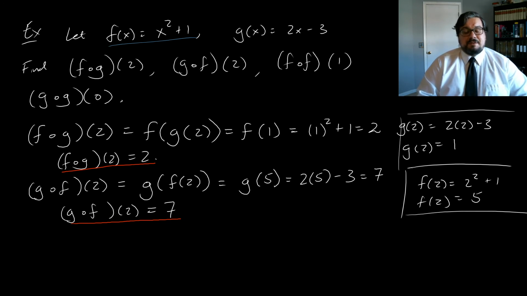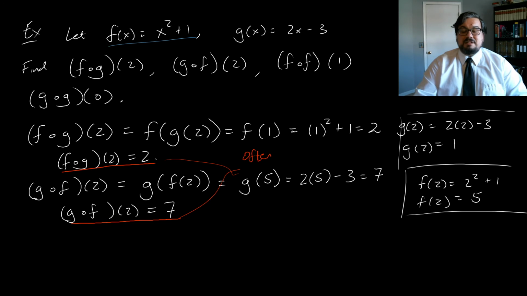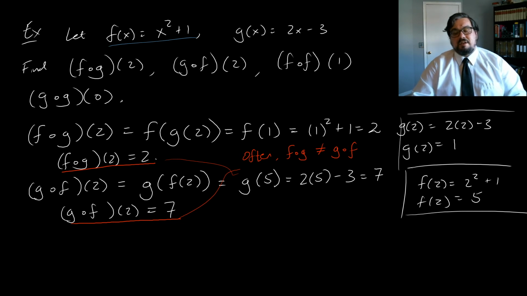So when this function has an input of 2, the output is 7. In particular, note that these are different. And this illustrates the fact that often, in fact usually, f composed with g is not the same as g composed with f. So in other words, composition of functions is not commutative. The order very, very much matters.